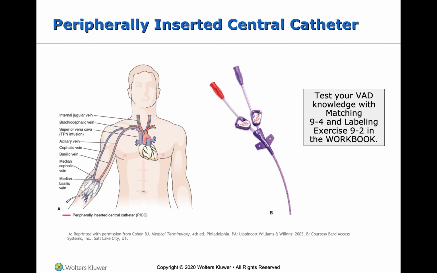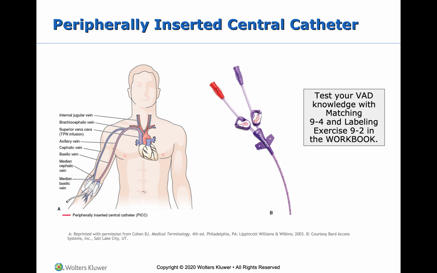venipunctures. Okay, this is probably more commonly going to be seen in the hospital. It's called a peripherally inserted central catheter, also known as a PICC line. You will definitely hear it called a PICC line more than you will hear it called a peripherally inserted central catheter.